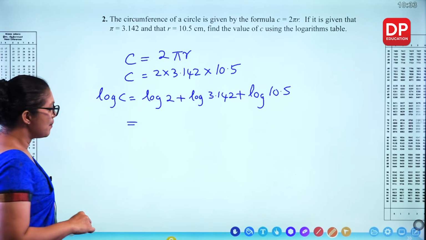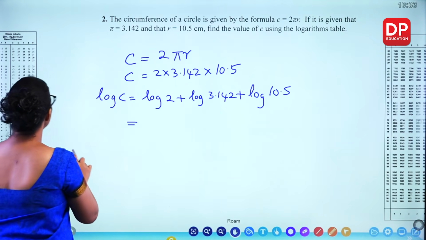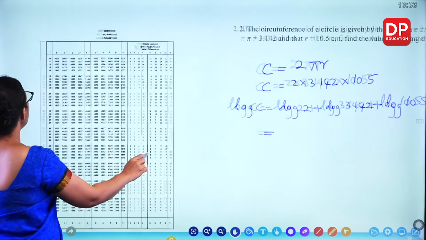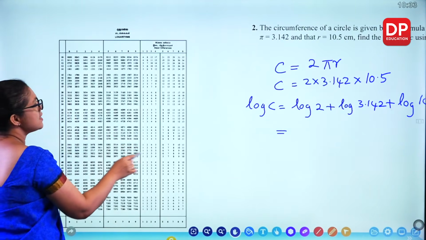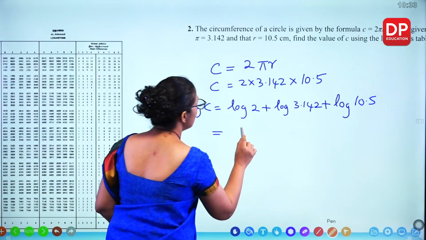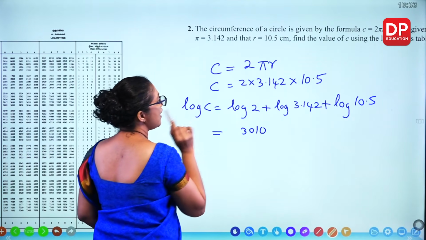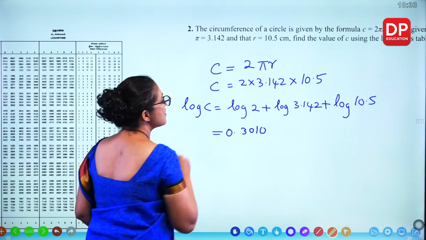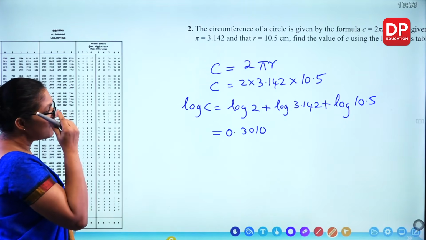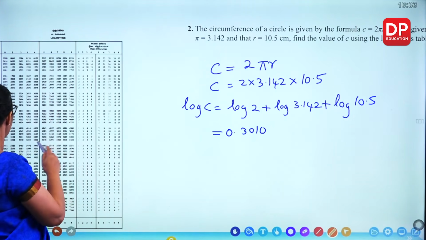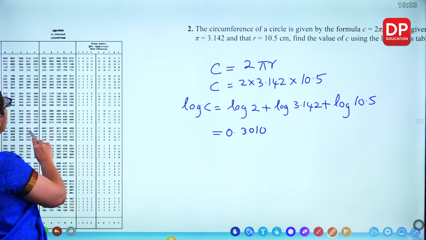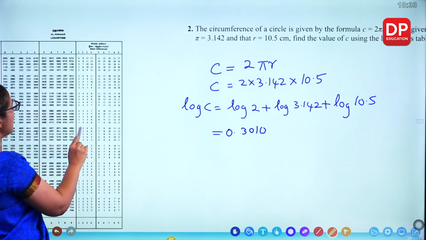Then refer to the table. 20, 0, you get 30, 10. And the characteristic is 0. 31, 42. 2 is 3.